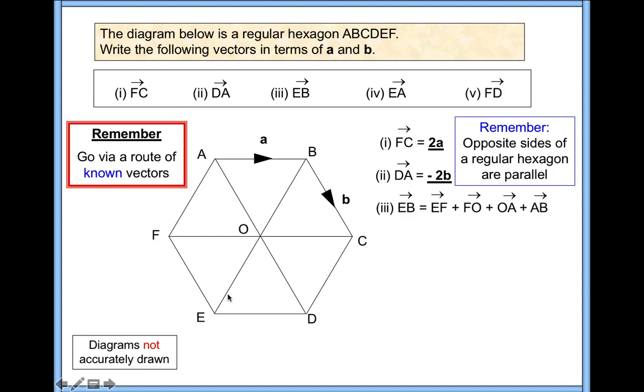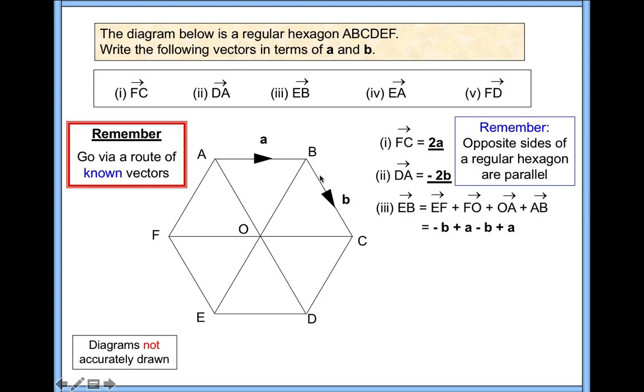See, vector EB will be vector EF plus vector FO plus OA plus vector AB. Okay, so I'll write the values and show you. Vector EF is going to be negative B, because side BC and side FE, opposite sides of the hexagon, are parallel, right?